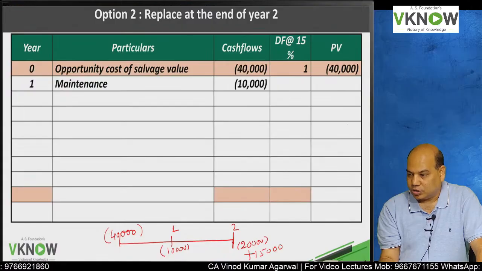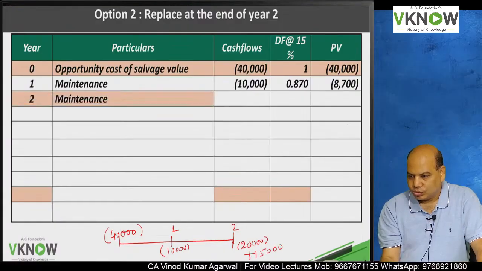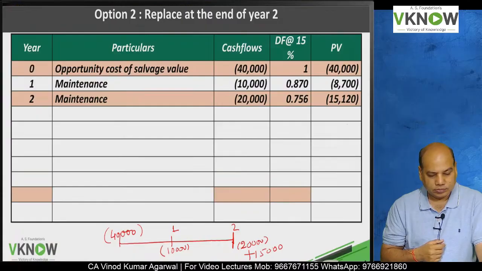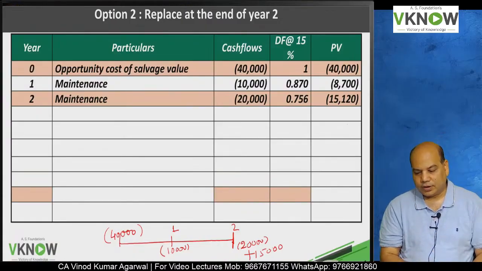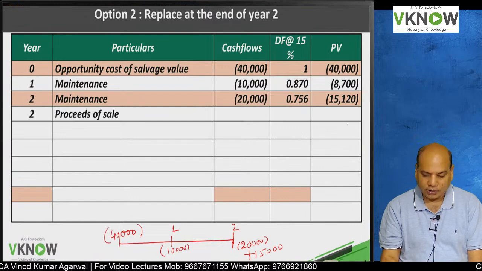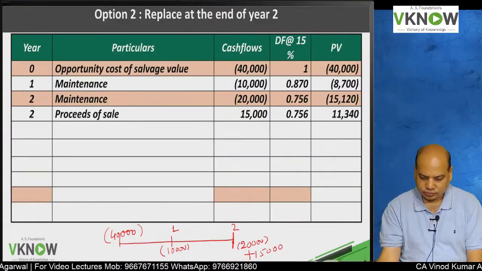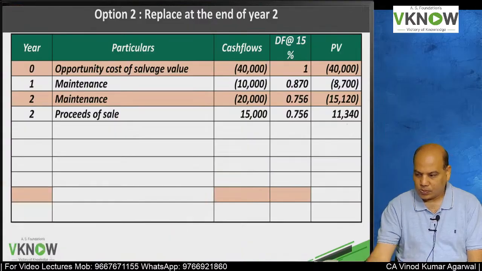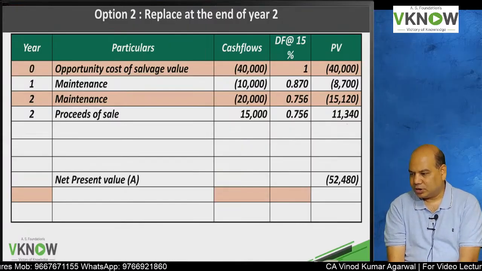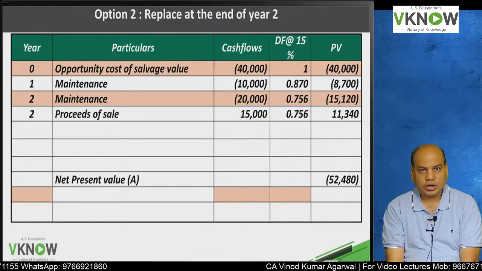Year 0 opportunity cost 40,000, year 1 maintenance 10,000, year 2 again maintenance 20,000, present value 15,120, and now you are going to sell it, scrap value 15,000, present value 11,340. Please take the total: 52,480.